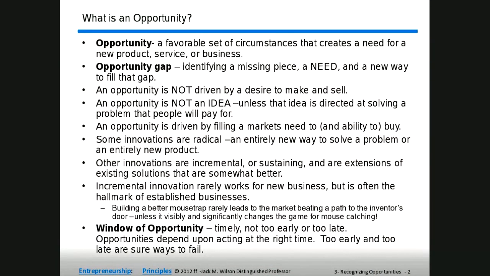So the window of opportunity is a key. You have heard about the iLink thing. I'm going to come back to it in a moment. And iLink, when we founded it, honestly, we were a little too early. Our window of opportunity, we had to find little chunks of the marketplace where we could get in while we waited for that window to open so that we could go big time.